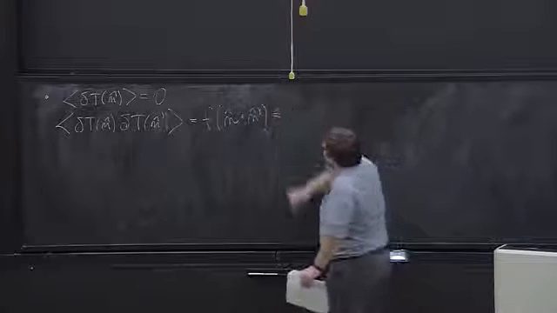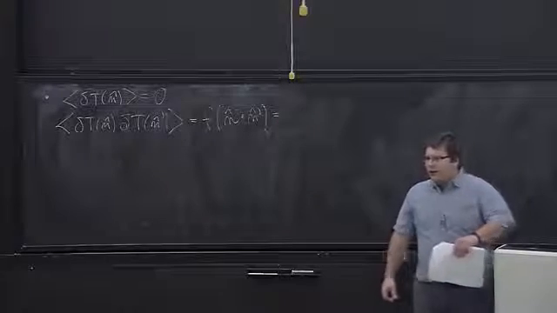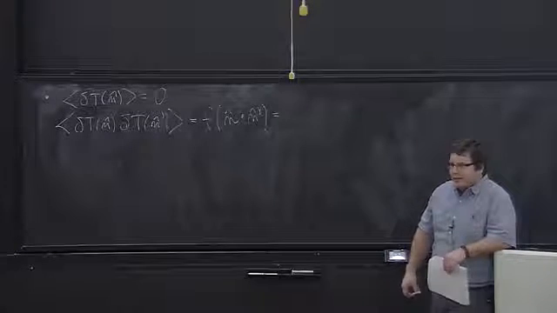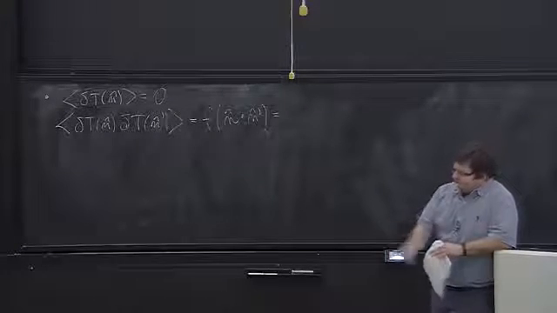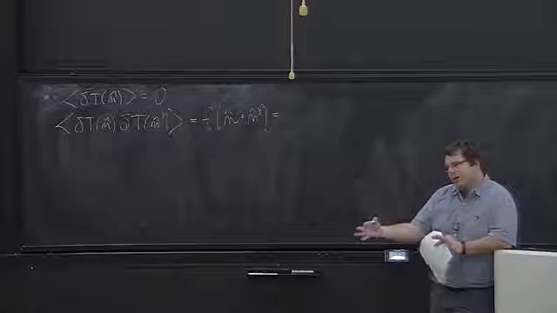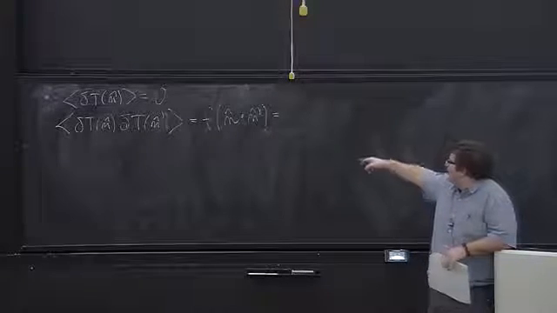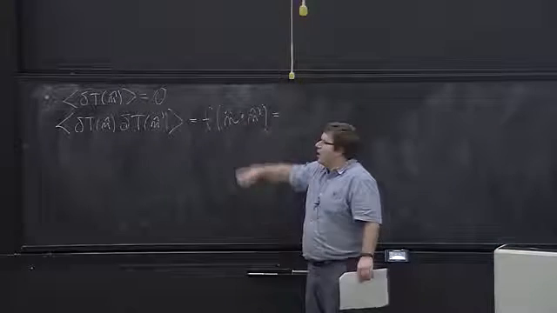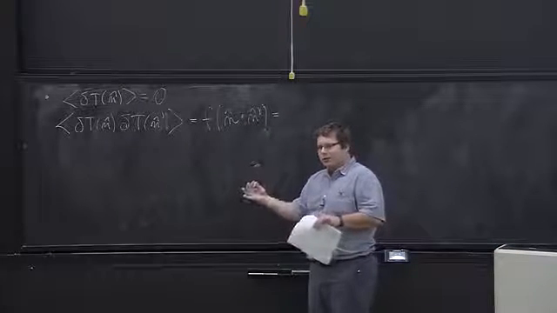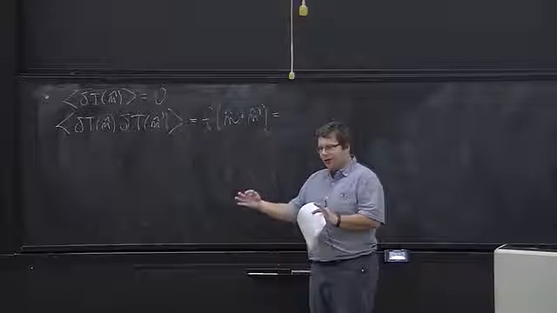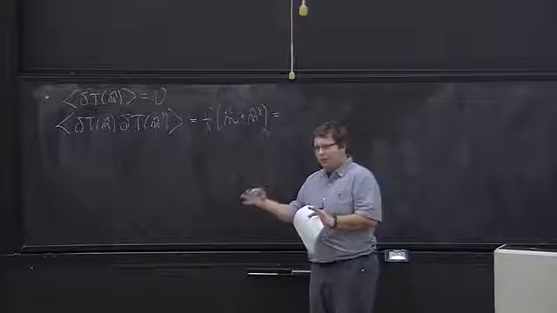And of course, you can expand this in the appropriate basis. Again, I am choosing a complete basis, and I expand this in this basis. Because this is something like cosine theta, it goes from -1 to 1, so I need a complete basis on -1 to 1. And that's the Legendre polynomials.